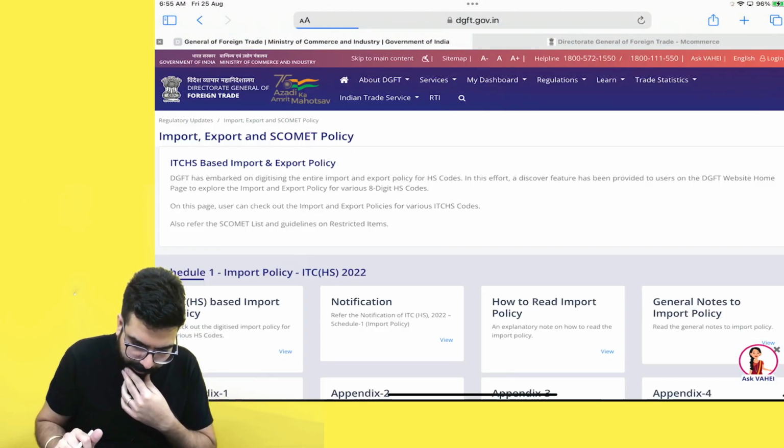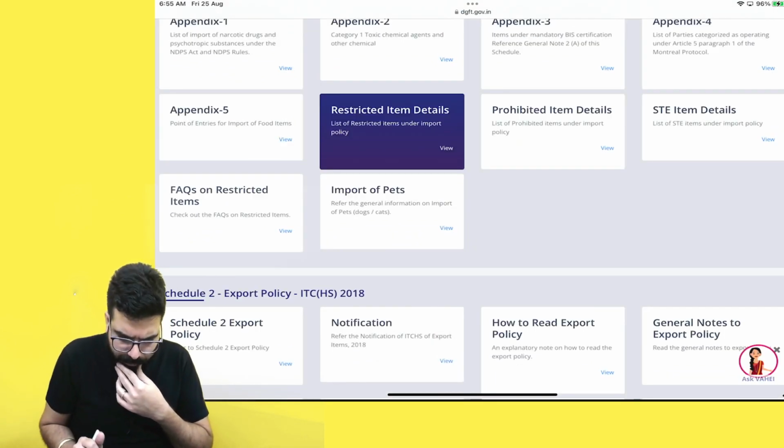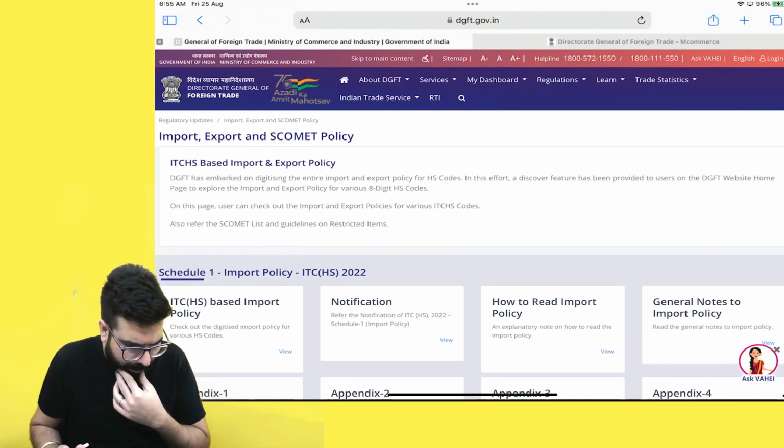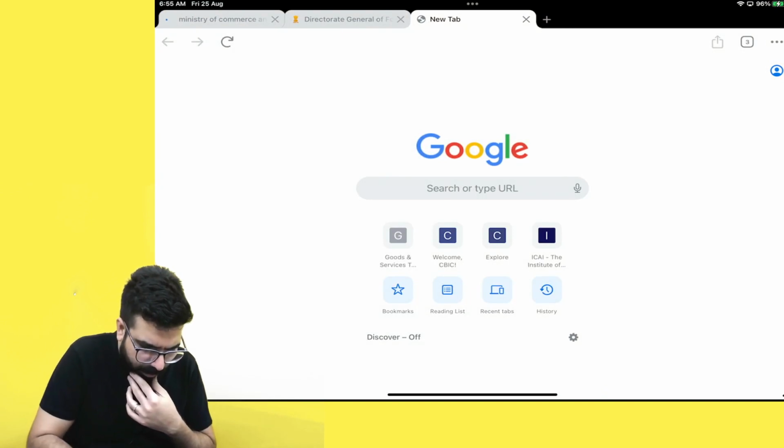Okay, we'll see over here. Okay, I'll show you over here. There's some issue which is happening and it is not opening. I think it is not permitting. Okay, let's see if it is working.